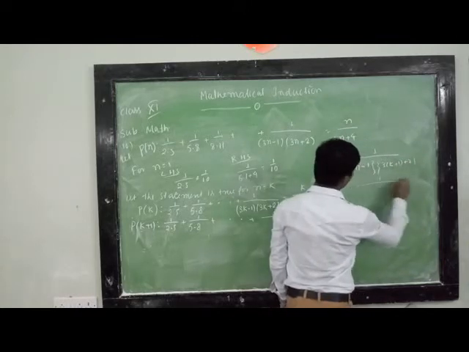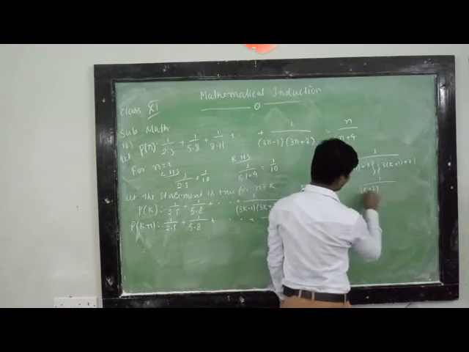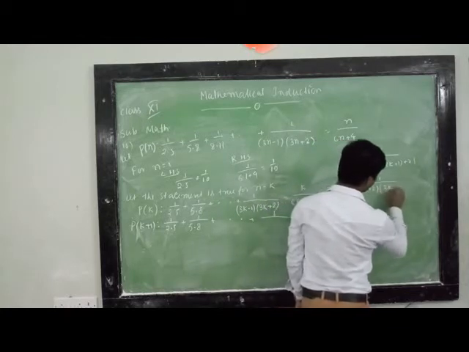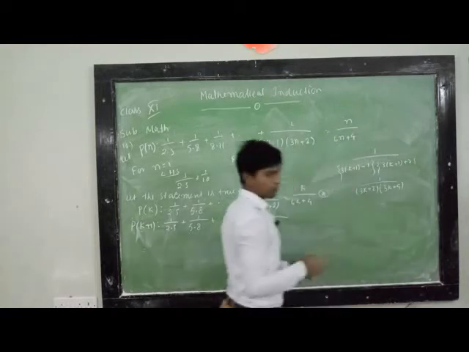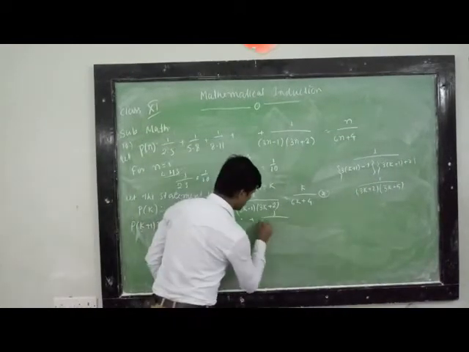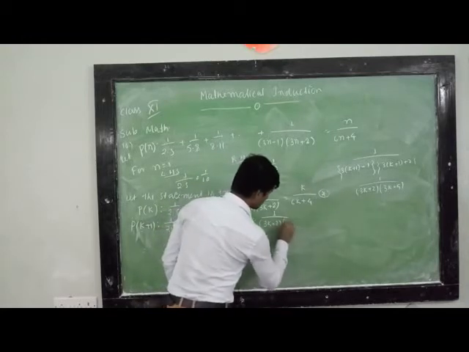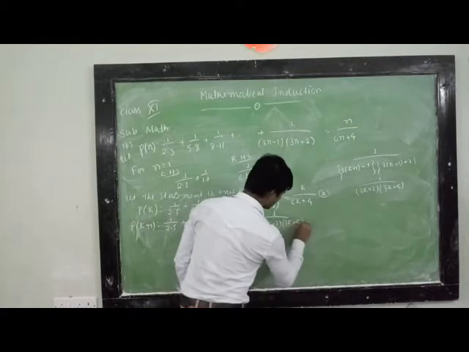If I calculate it, it will be 1 by (3k plus 2) into (3k plus 5). So that will be the last term of the expression when we put n equal to k plus 1.